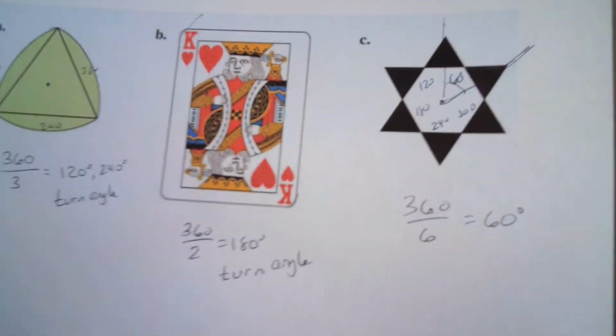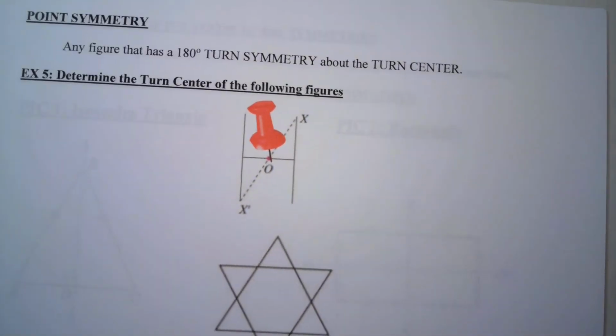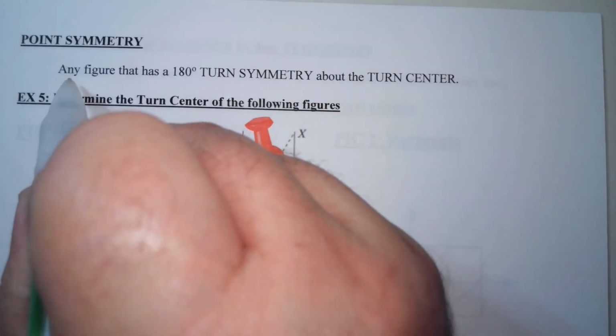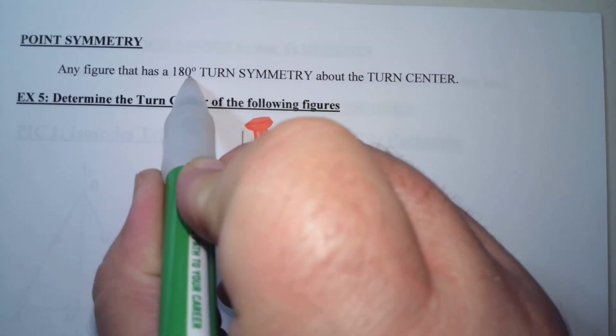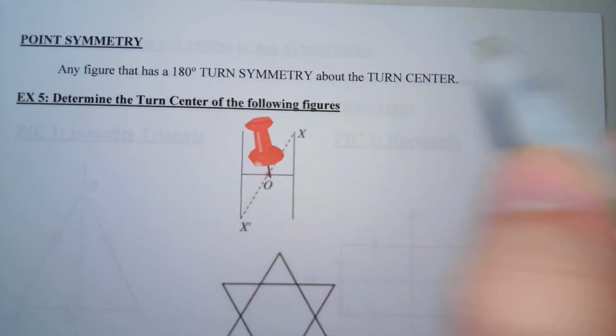All right. Point symmetry. Any figure has 180 degree turn symmetry about a turn center.